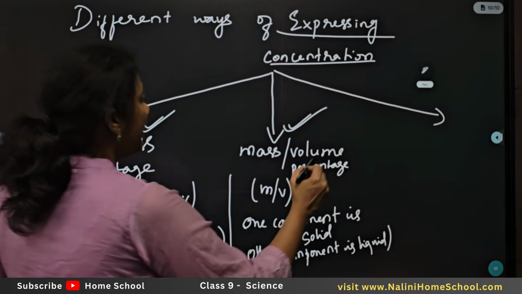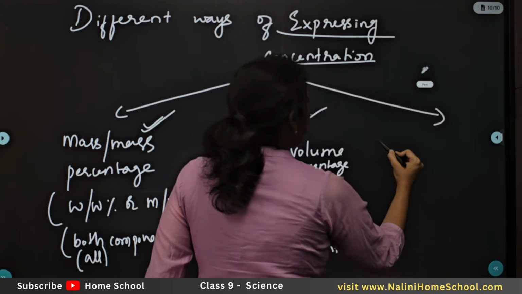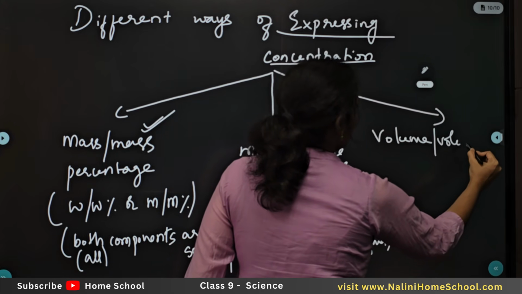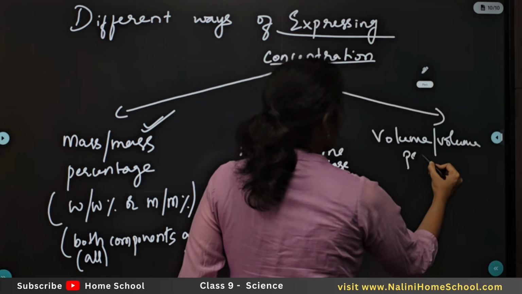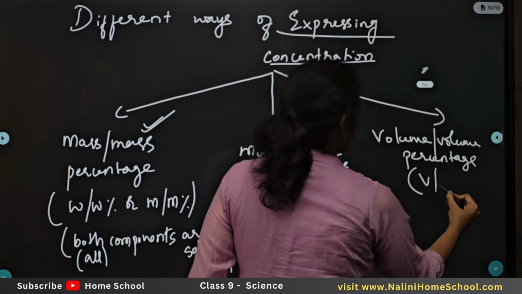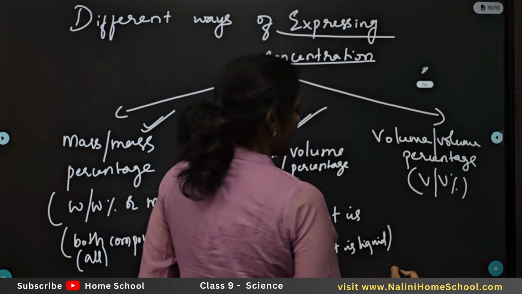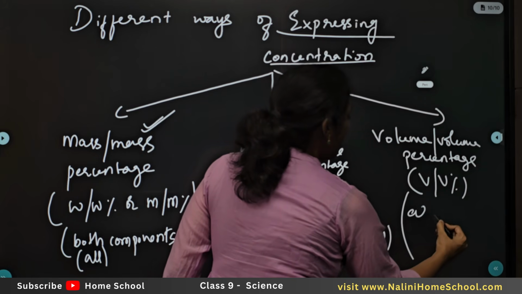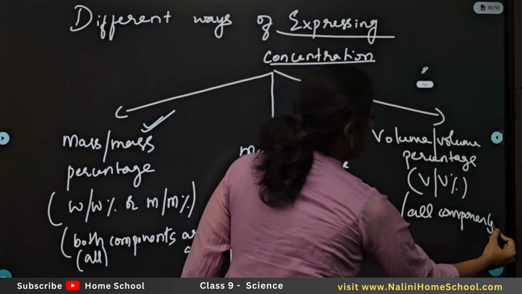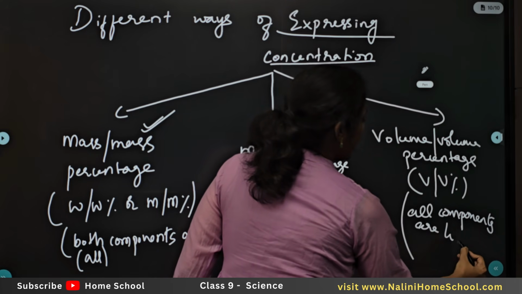And coming to the third category, it is volume by volume percentage, guys. How do we express this? V by V percent, we say. This is used when all components are liquids.